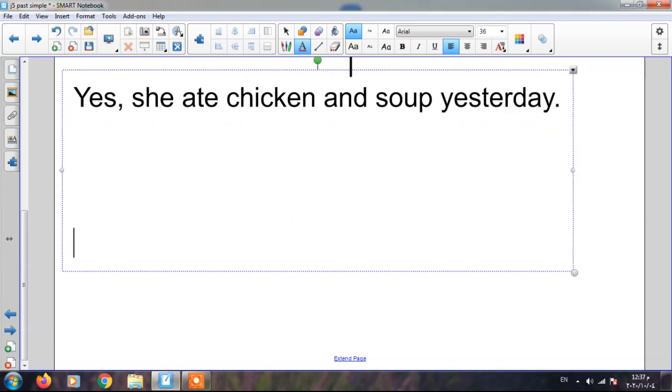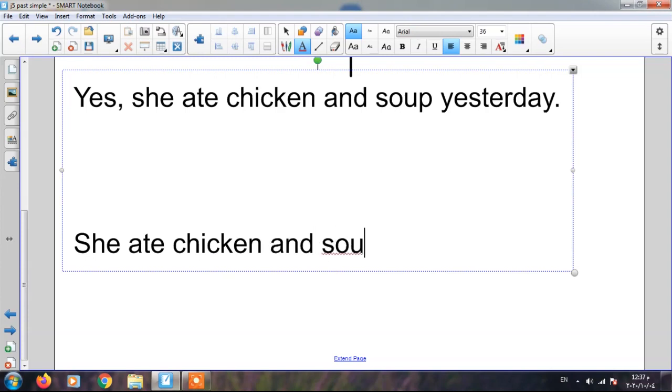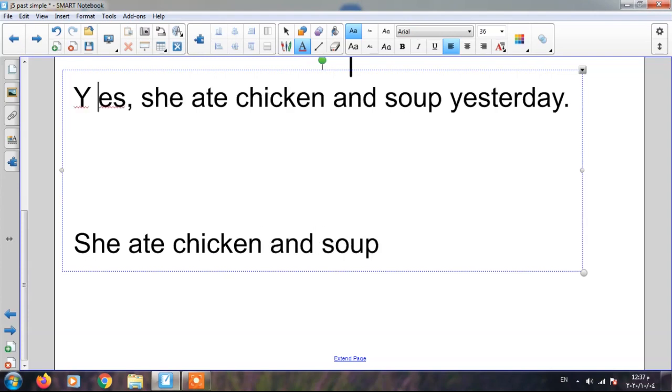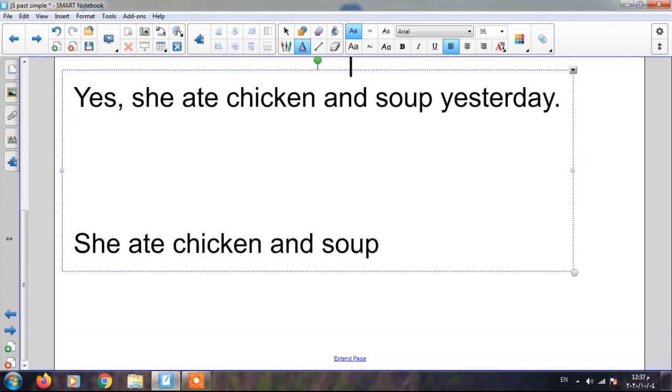And another one, she ate chicken and soup yesterday. If you look at these two sentences, you would think that they are the same, but no, be careful, they are not the same.